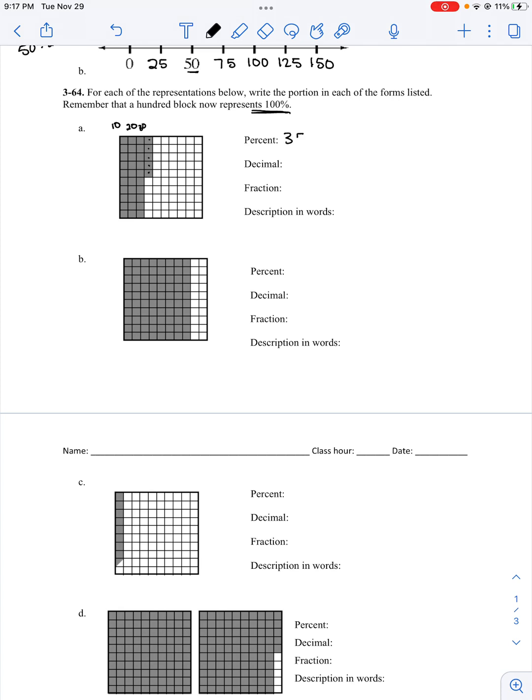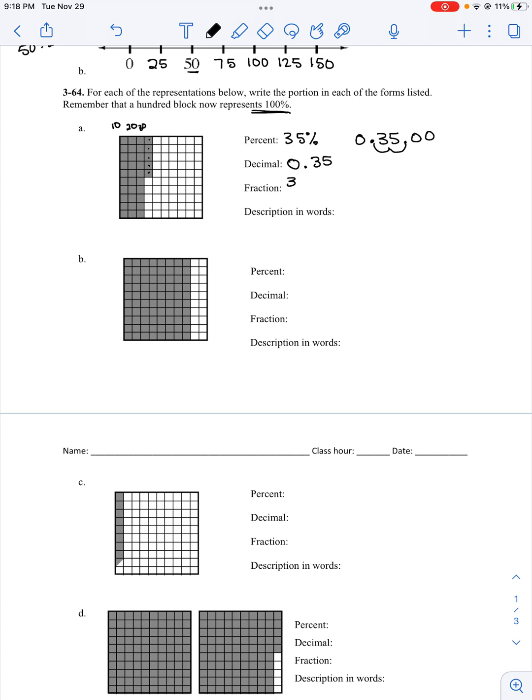It's 35%. If I'm going from a percent to a decimal, I take my decimal point and I move it to the left 2 spots.